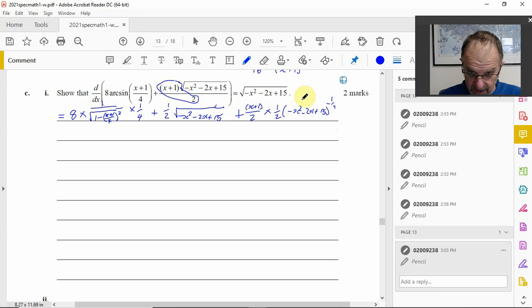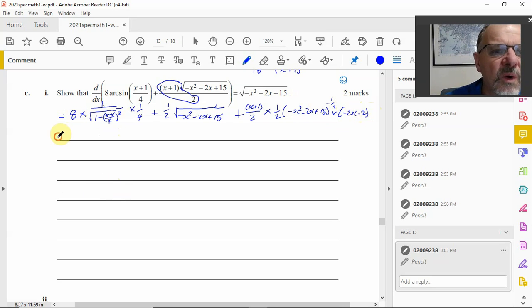And then, of course, times by the derivative of what's inside here, which is where the chain rule comes in: minus 2x minus 2. So there's a fair bit going on here, so let's have a look and see what we can do.